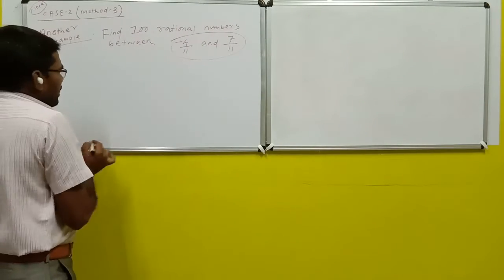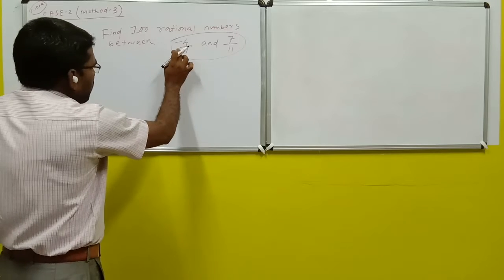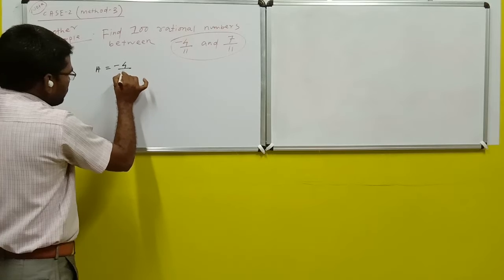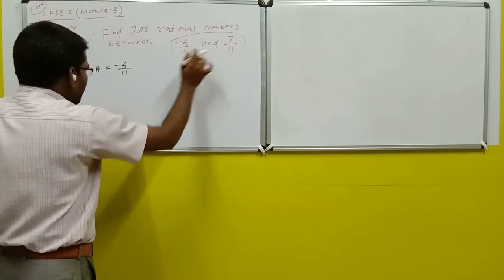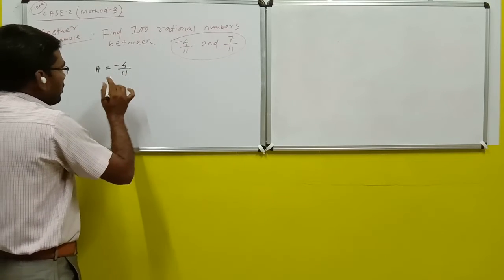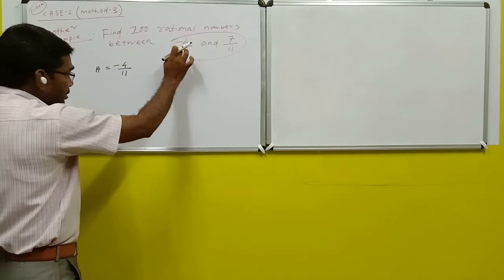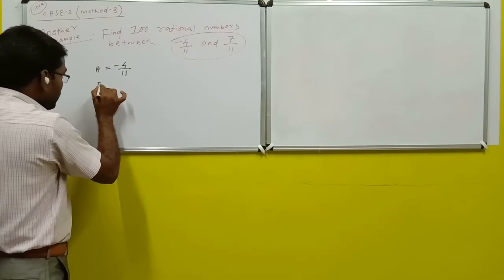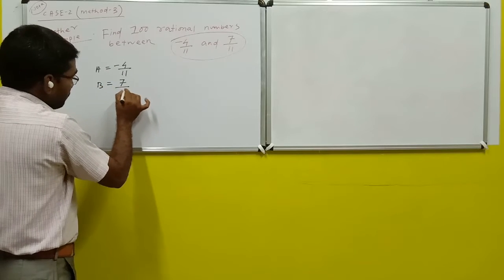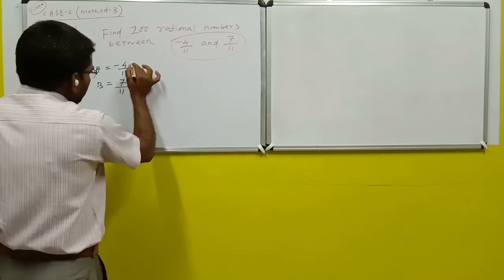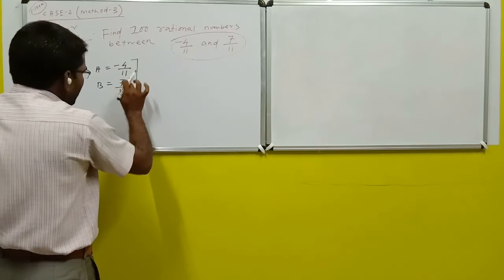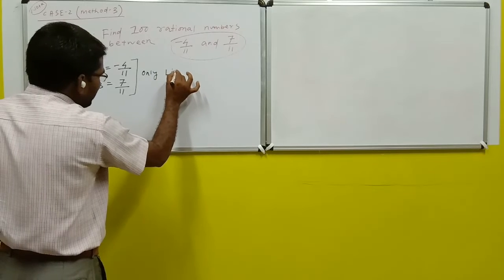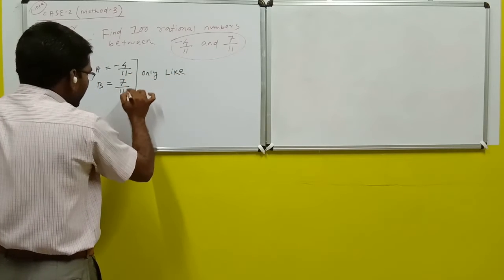Students, consider minus 4 by 11 as A and consider 7 by 11 as B. And you see that the two given rational numbers are only like, because they have the same denominator, that is 11.